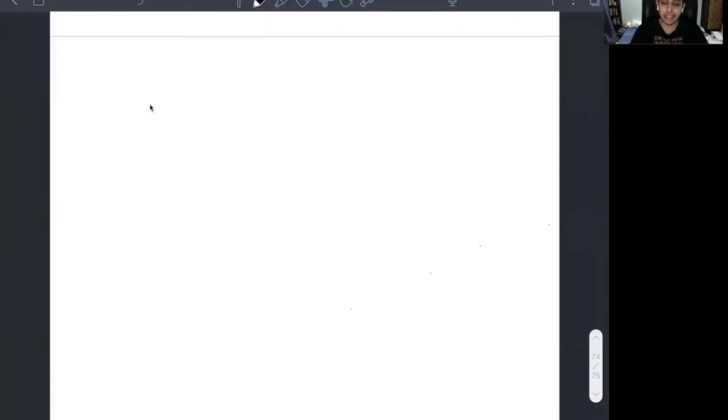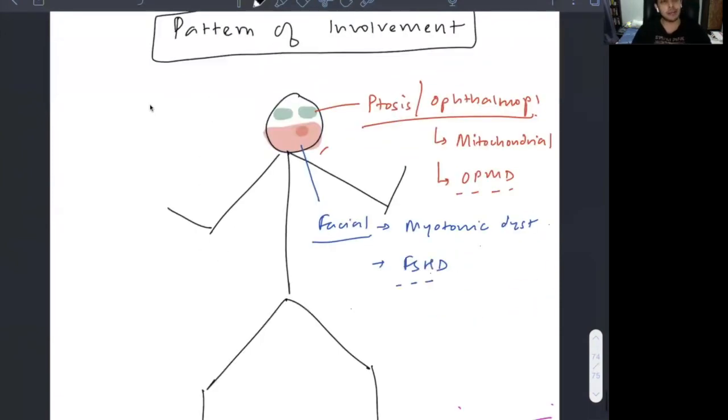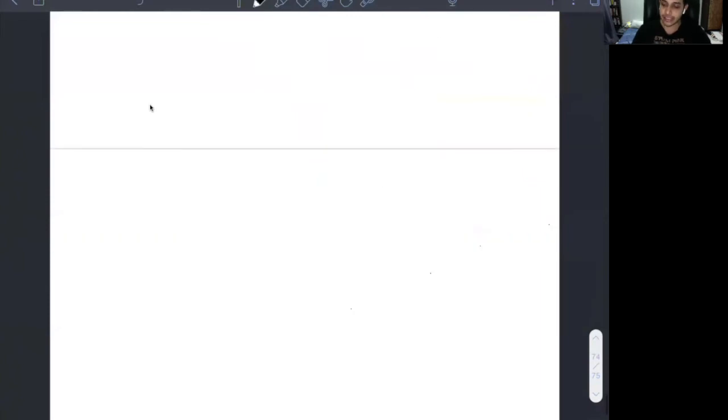So like we discussed in the first point, if reflexes are elicitable, and if it follows one of these patterns of involvement, then you're already diagnosing a case of myopathy. So your where is the lesion has been diagnosed into muscle.